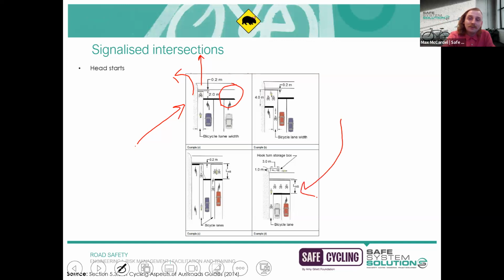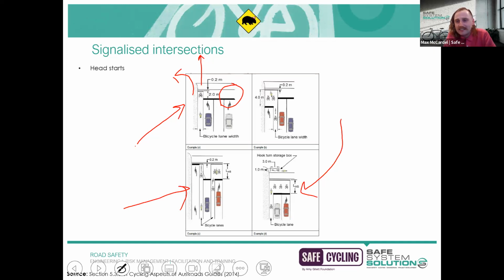If you compare that to example D, where the bicycle box continues across the through and the right turn lane, perhaps that is an example where right turn cyclist traffic is being encouraged or is expected. Therefore, it does provide a little bit of wayfinding. So that's something to consider if you are looking at these examples.